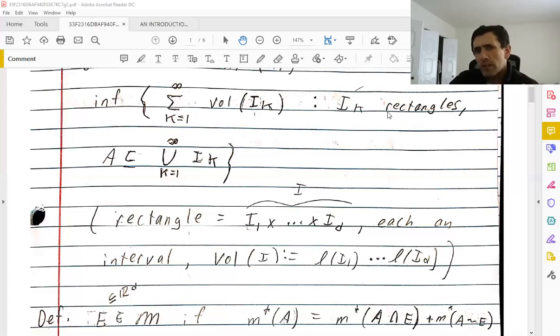The red is A intersect E, and the blue is A take away E.